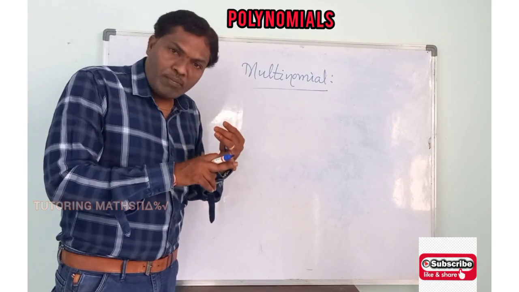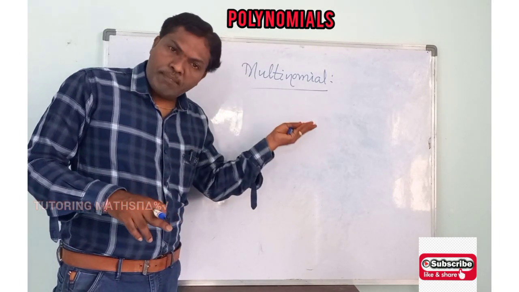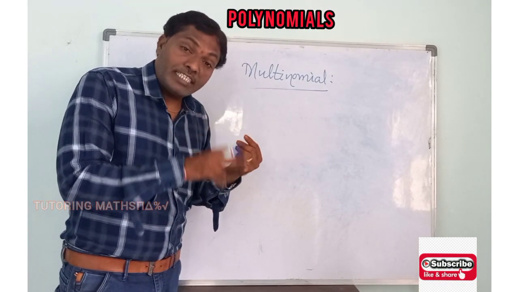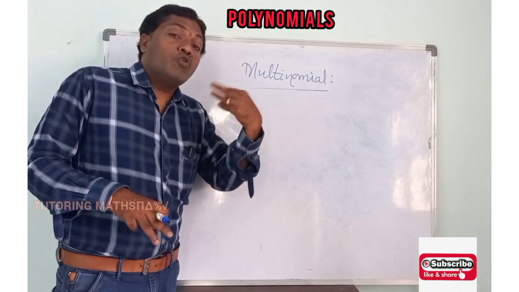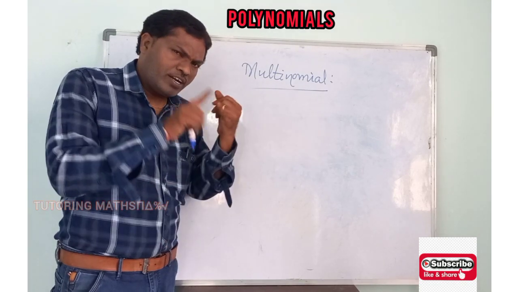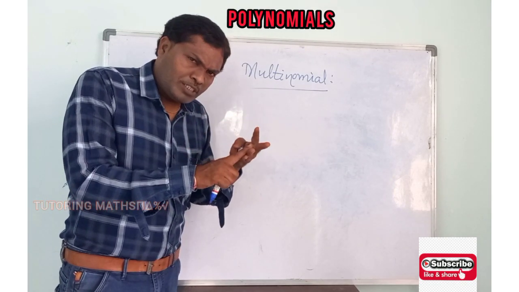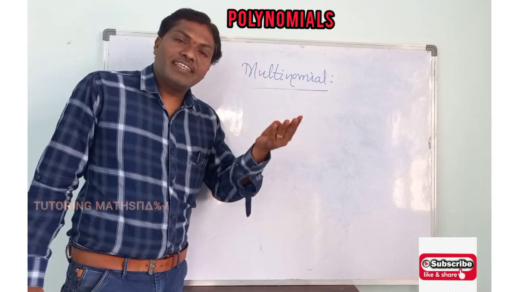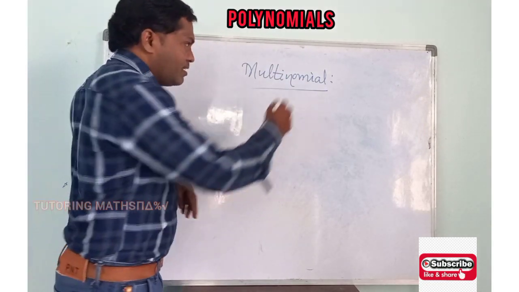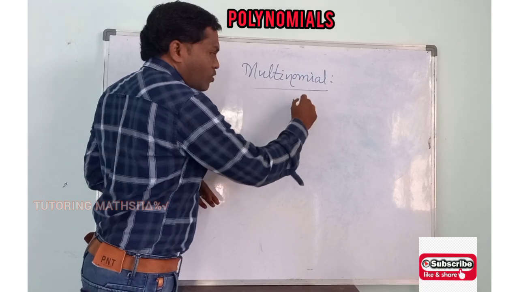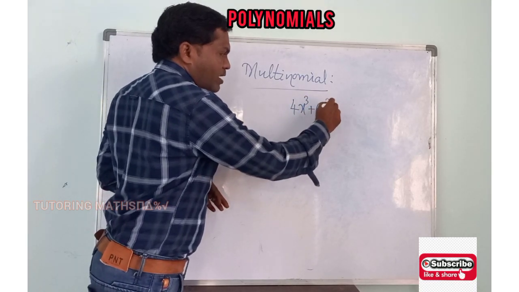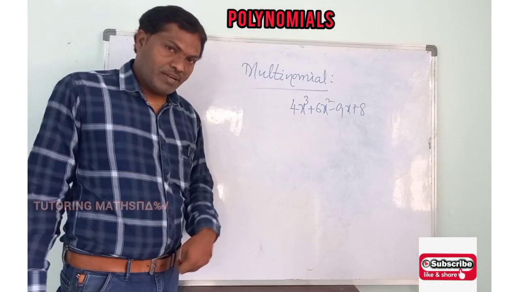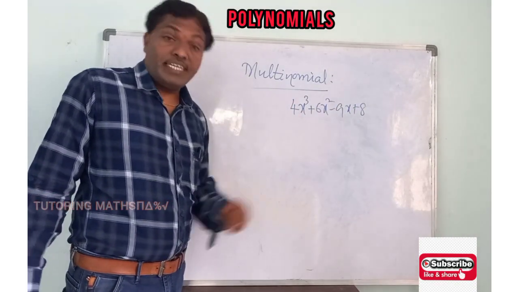Because multinomial means an expression which is having more than 3 terms, because 1 term is monomial, 2 terms means binomial, 3 terms trinomial, and more than 3 terms multinomial. Multinomial is 4x cube plus 6x square minus 9x plus 8. It is a multinomial because we have more than 3 terms.